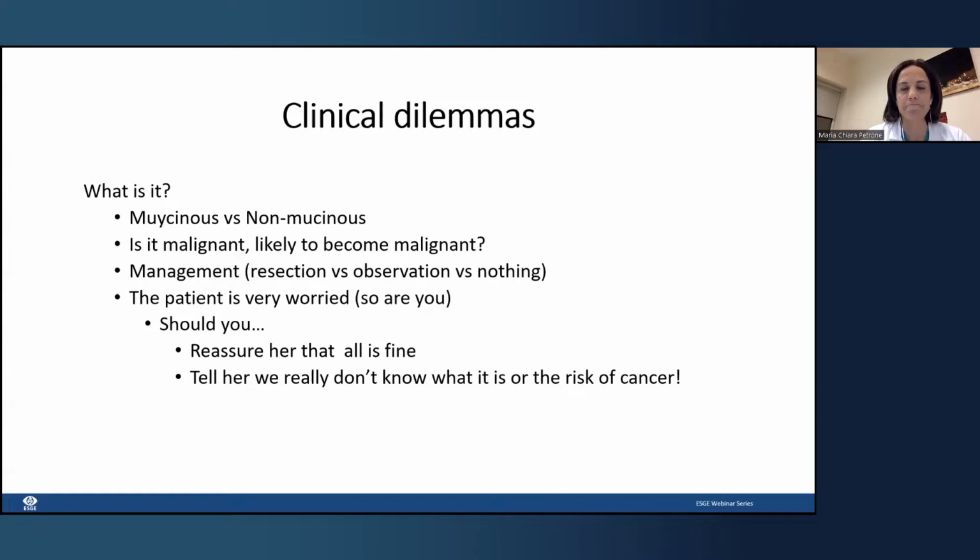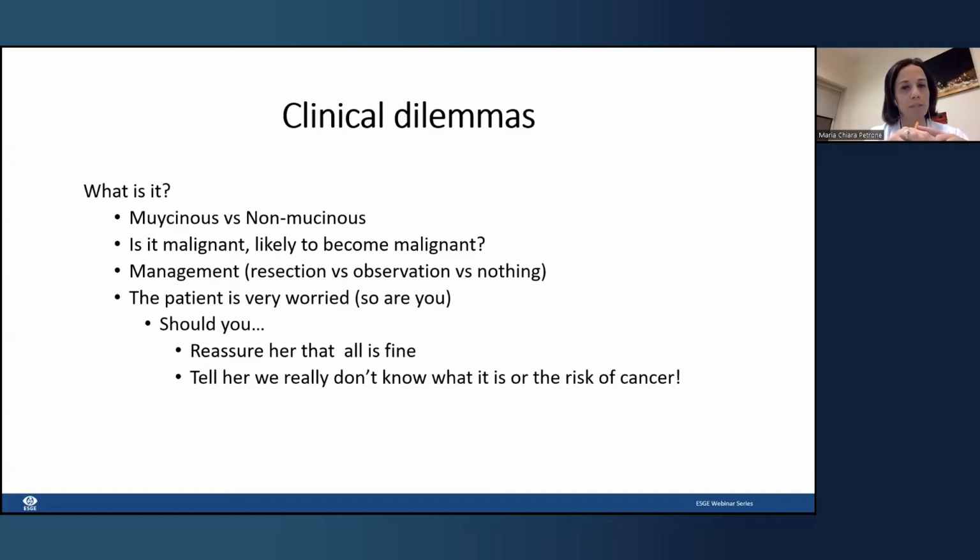However, after this new diagnosis, a clinical dilemma begins for the physicians, because the question is, what kind of cyst is it? We know that pancreatic cystic lesions can be generally divided into 2 main groups, which differ greatly in their malignant potential: mucinous cystic lesions that can be precursors of pancreatic cancer, and non-mucinous lesions that are benign lesions with indolent behavior.